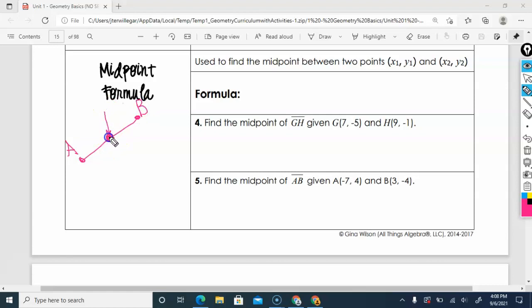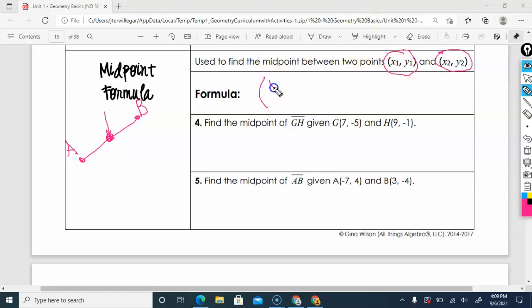Now when we're on the coordinate plane, we have an actual formula given our x1, y1, and x2, y2. All you do is find the average of the 2 points. If you find the average of two things, you add them up and divide by 2.